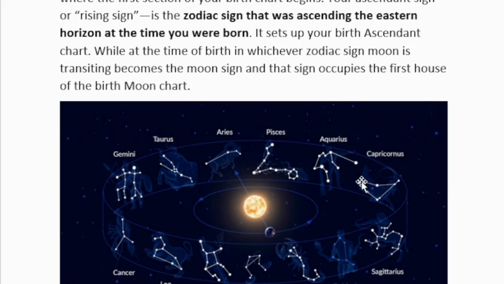It can be any sign at the time of the birth of a person. The sun is rotating and the earth is rotating. So during this rotation and transit, whichever zodiac sign arises at the eastern horizon of the earth at the time of the birth of a person will be the ascendant sign, and the birth chart, the ascendant chart, will start with that zodiac and its number: 1, 2, 3, 4, 5, 6, 7, 8, 9, 10, 11, 12.